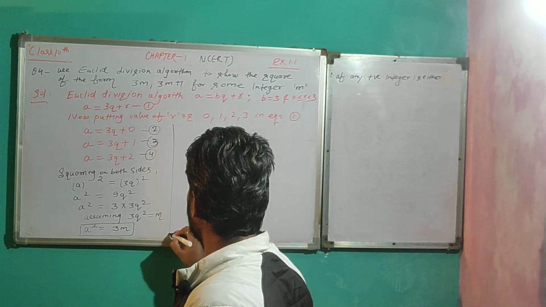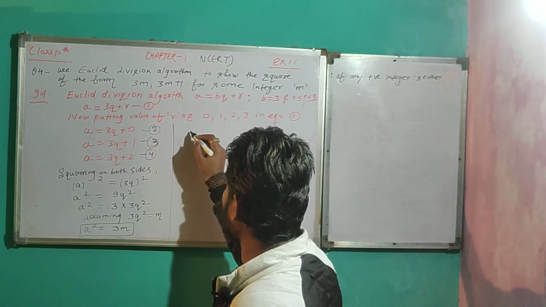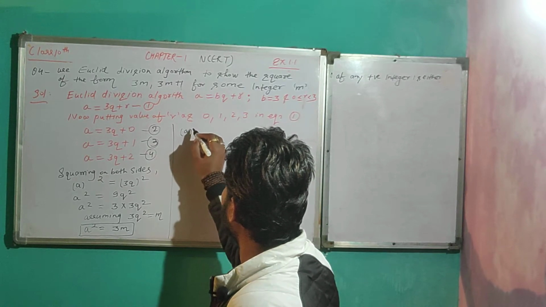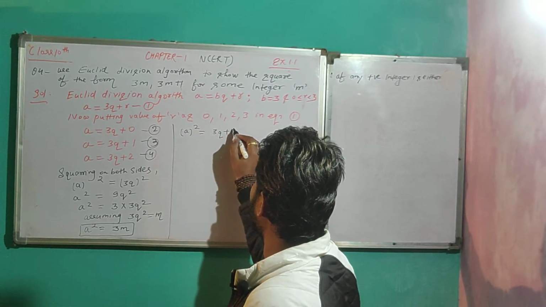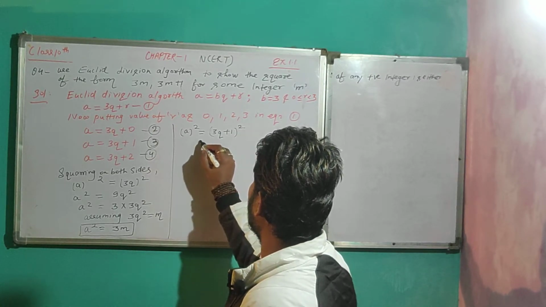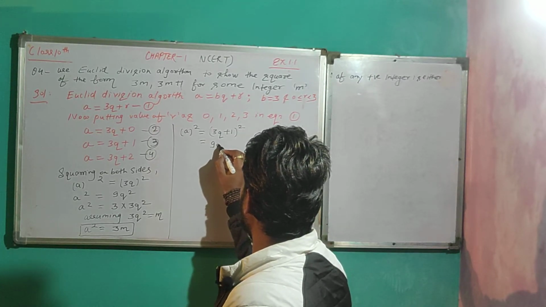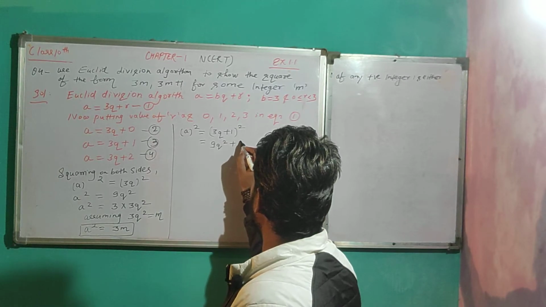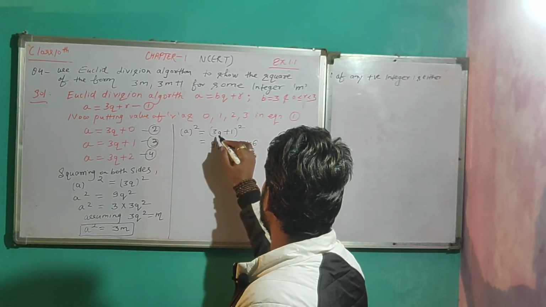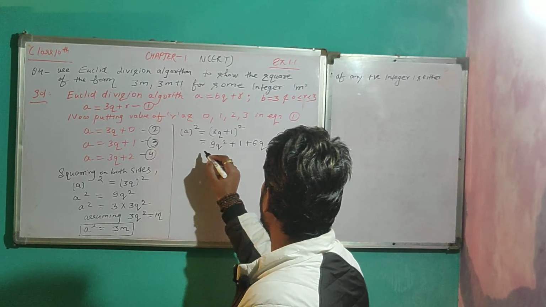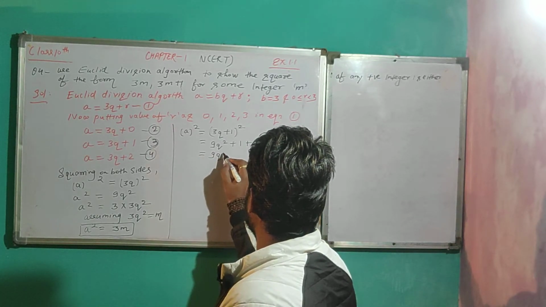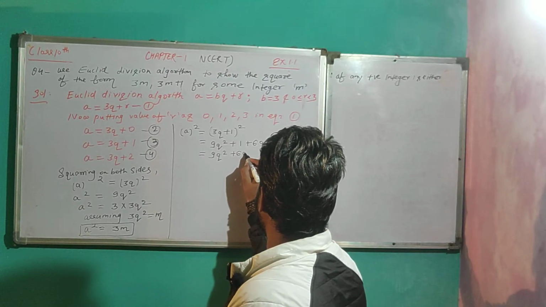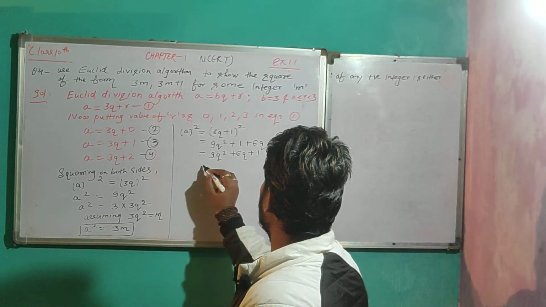Now, using equation number third, squaring on both sides, a square is equal to 3q plus 1 whole square. On solving, this will be 9q square plus 1 plus 6q. Rearranging the terms, 9q square plus 6q plus 1.